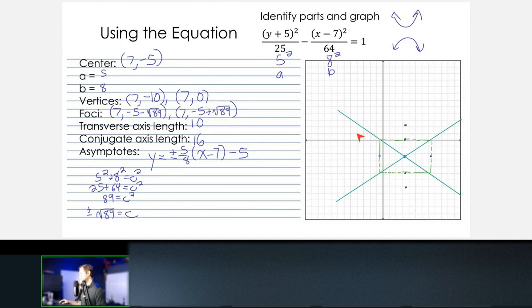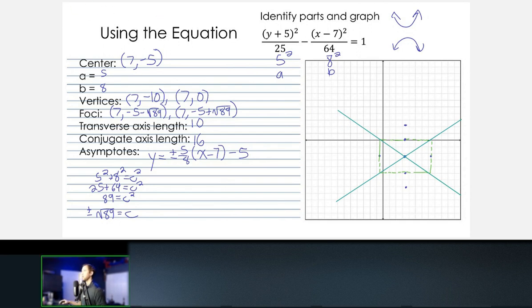And also, the whole point of doing this grid, you have the box, you have these lines, is that it tells us how wide we make our hyperbola. So without them, it could be really steep or it could be super wide, right? So this tells us really how wide it's going to be.